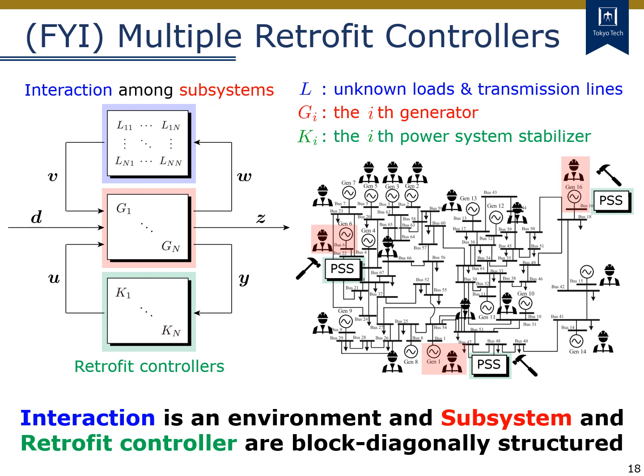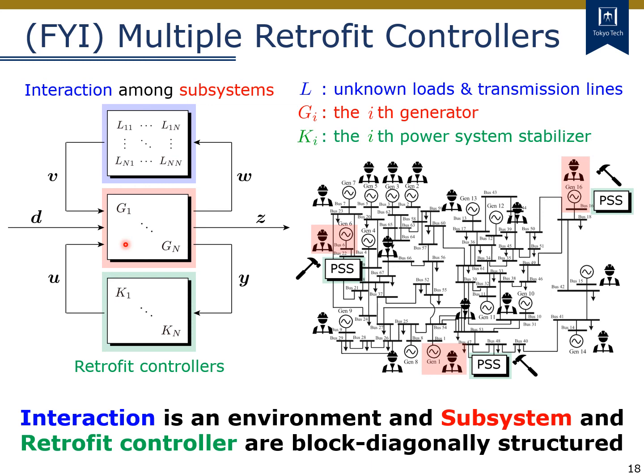Finally, just for reference, I explain the case where multiple retrofit controllers are simultaneously implemented. A general network system to control can be represented as the feedback of a system L, which represents the interaction among the subsystems, and the block diagonal system G, whose i-th block represents the dynamics of the i-th subsystem.